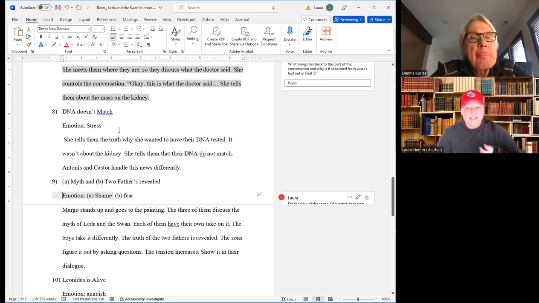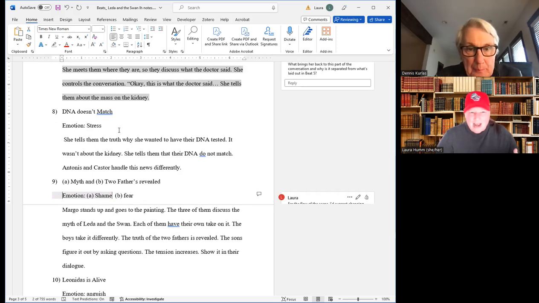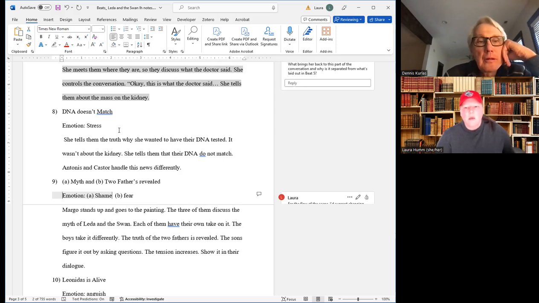Because there was stress about my diagnosis, there's stress about you two fighting with each other, but none of that was new stress. She's been dealing with this with the doctor's appointments. She's figured it out. She knows the DNA test. So this really becomes a key pivotal moment.